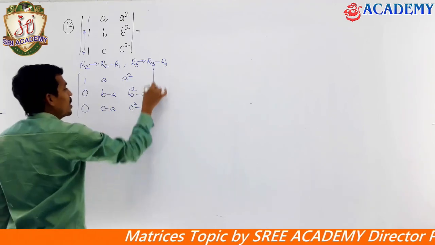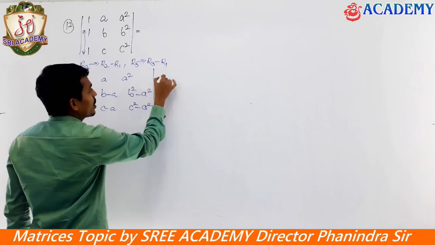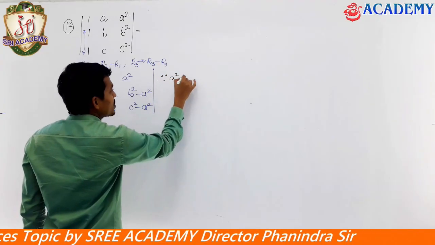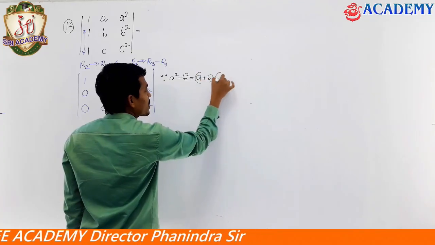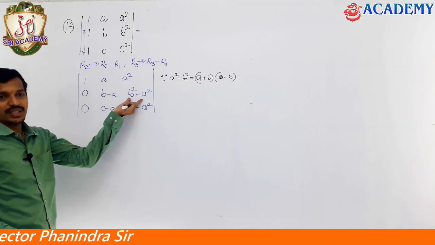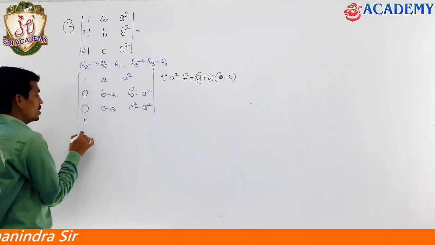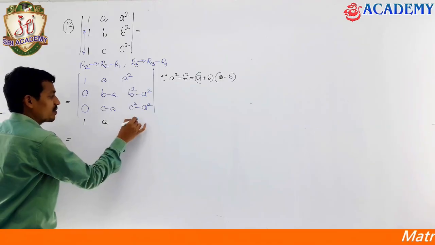From the formula we know that a square minus b square is nothing but a plus b into a minus b. From that, here b square minus a square is there. The first row is 1 1 1.